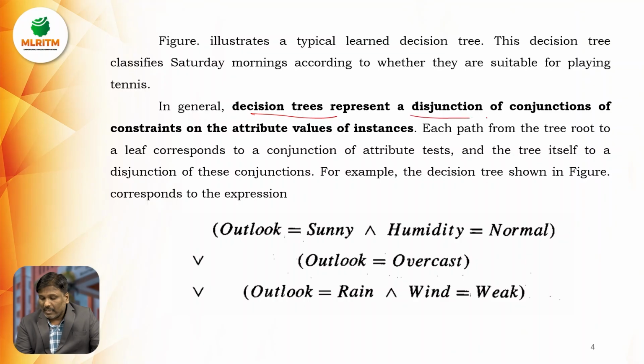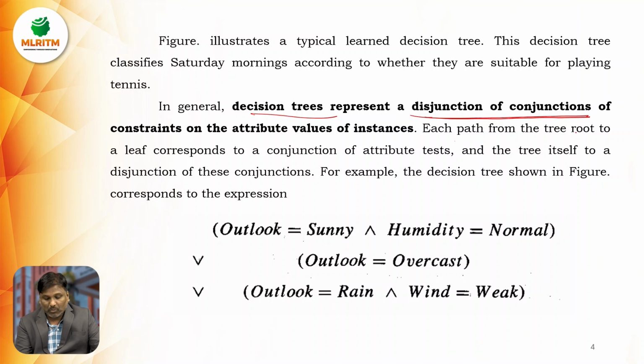So it is simply a disjunction of conjunctions of the constraints on the attribute values of instances. The decision tree is mainly used for the classification of instances.